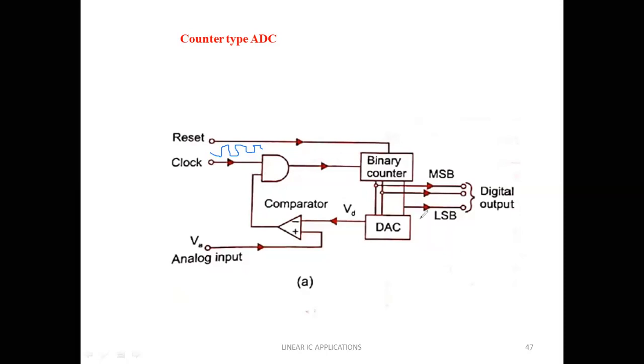After that, I will explain a 4-bit counter type ADC. Depending upon the n-bit ADC, we also have to take an n-bit binary counter that counts the number of pulses and produces an n-bit output. For example, if the number of pulses is 3.